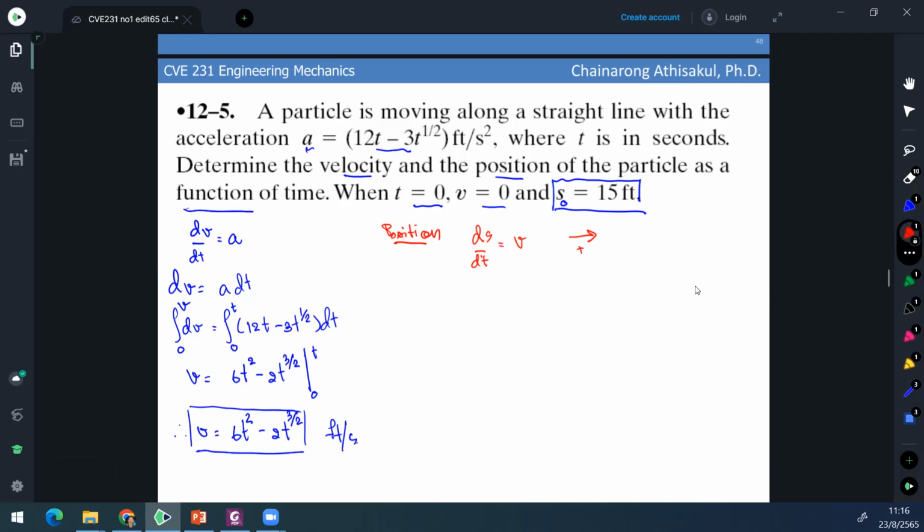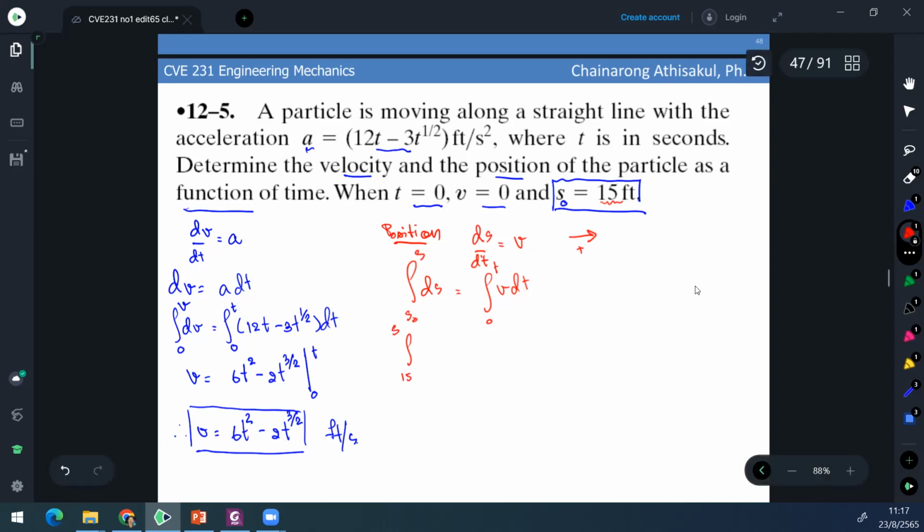We integrate ds from s0 to s equal to the integral of v dt from 0 to t. But now we know from the problem that s0 is equal to 15. So be careful to substitute 15 for s0.